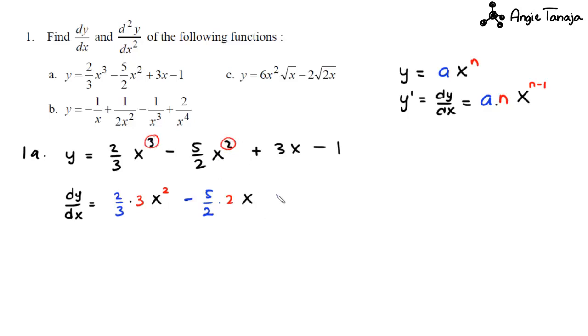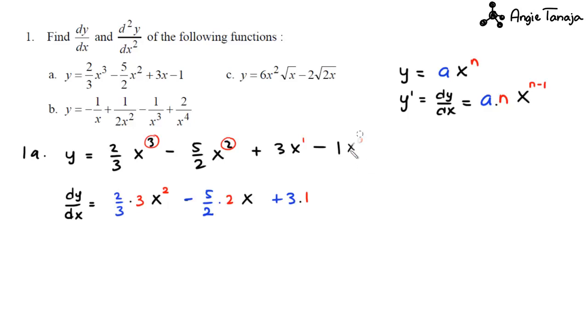And then plus 3, here is x to the 0, so it's equal to 1. This will be negative 1 times 0, and then it's just gone. Everything is gone because it's multiplied by 0. So it is just 0.